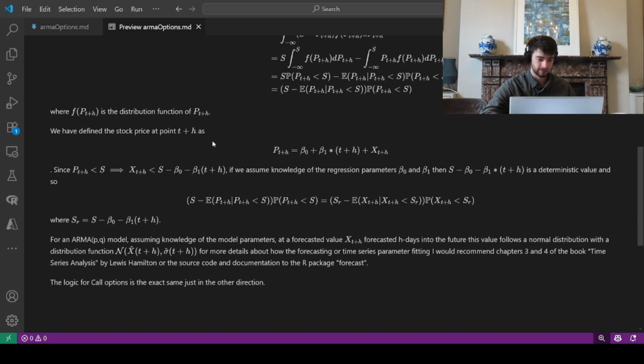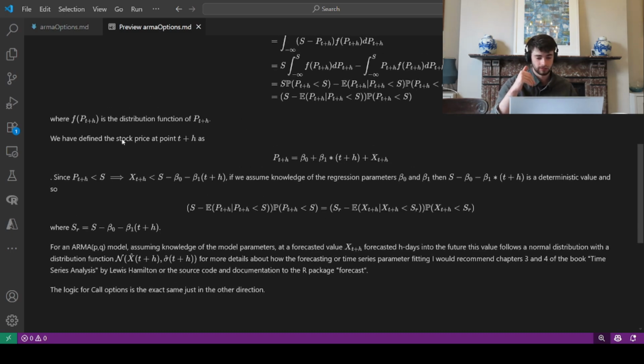So we'll notice, pulling back to the model we use for price data, that all of these values here, the beta of 0, beta of 1, t and h, are all deterministic. We know what they are. They don't have a probability density function. The only thing that does is our ARMA component, x of t plus h.